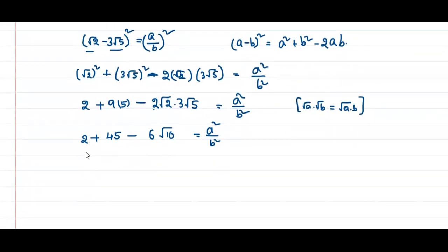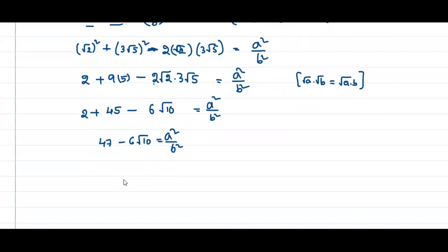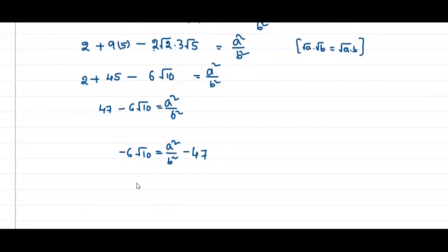Here 2 plus 45 is 47, minus 6 root 10 is equal to a square by b square, and then minus 6 root 10 is equal to a square by b square minus 47, which is a square minus 47 b square by b square.